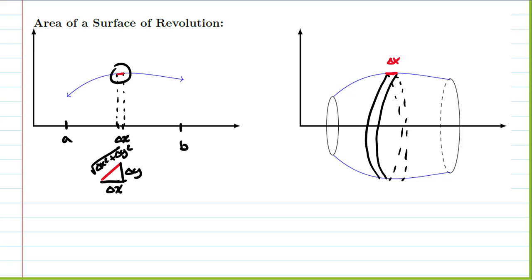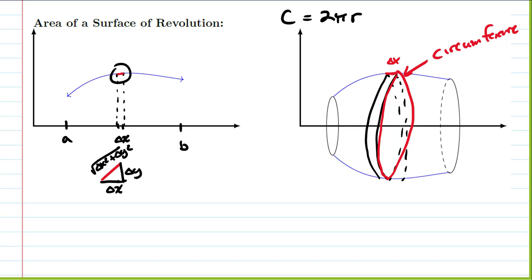So what is the formula for the circumference of a circle? If we have this circle that goes all the way around, what would be the circumference of this circle? The circumference formula for a circle is 2 pi times r.